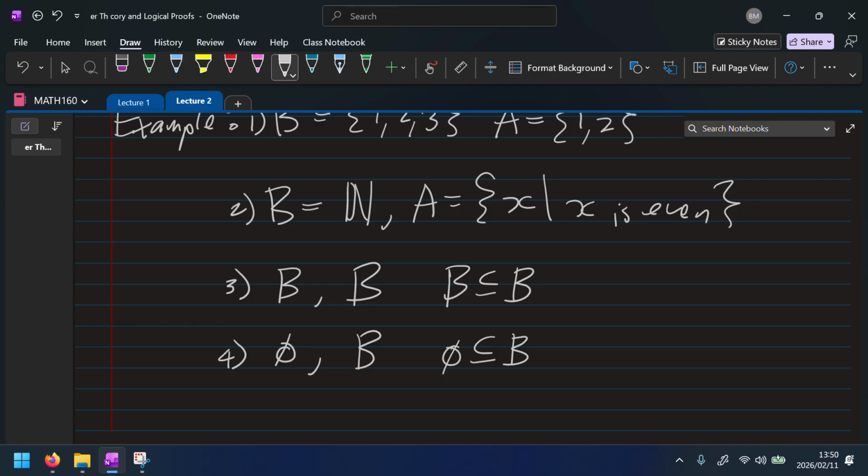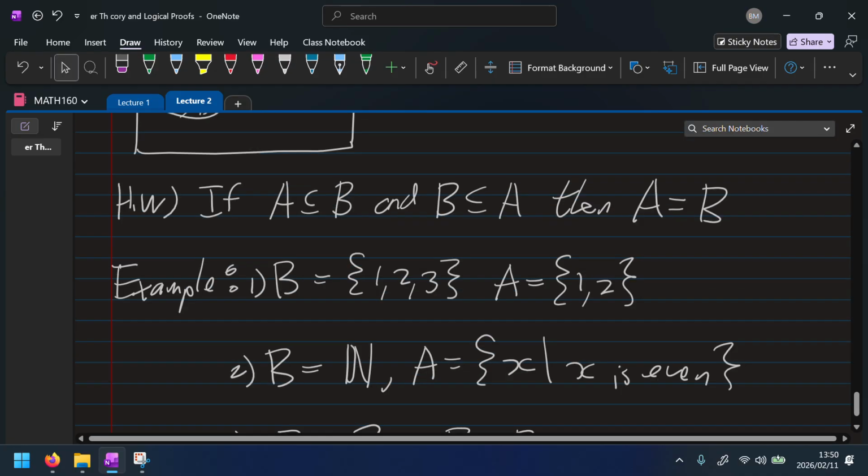We need to check every element in the first one and check, is it contained in the second one? What are the elements of the empty set? Nothing. So there's nothing to check. So what does that mean? It is a subset. If there's nothing to check, then there's nothing to make it false. So the default is true. Okay, you need to think about that for a bit.